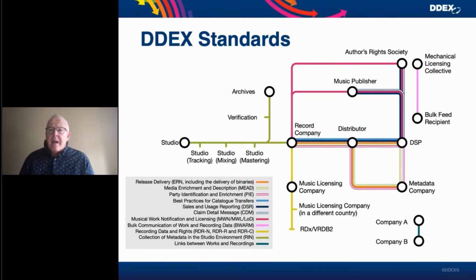This is a tube map that tries to show which standards we have and who would actually normally be exchanging them. And whilst this looks pretty complex, what we've done over the years is to create standards that meet the requirements of a specific business transaction between two types of entities within the music industry value chain.